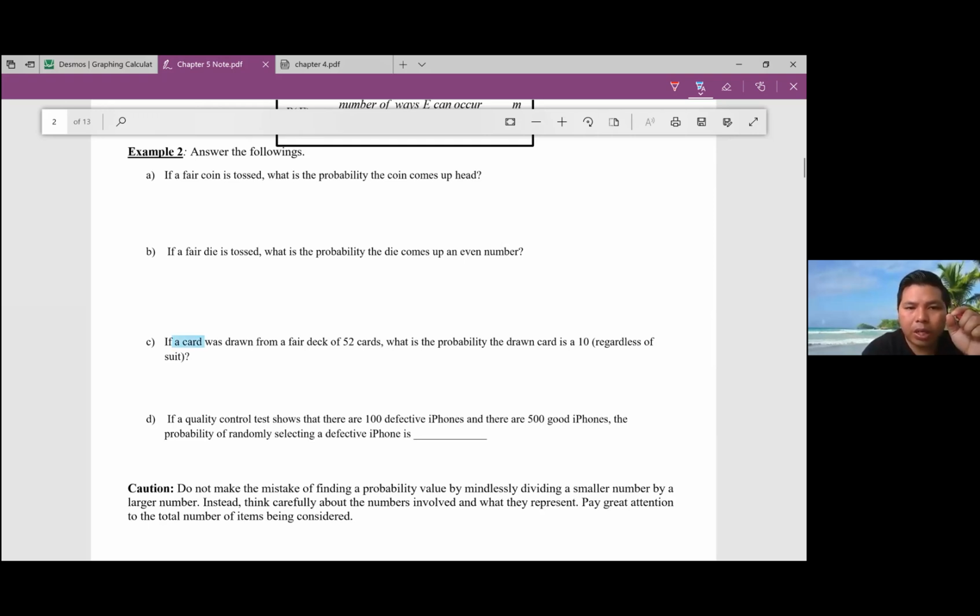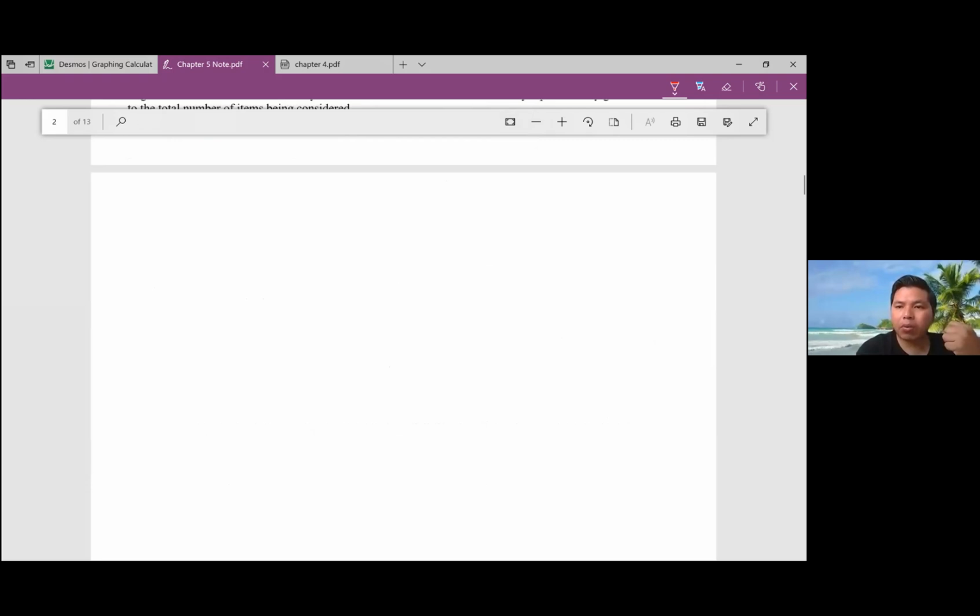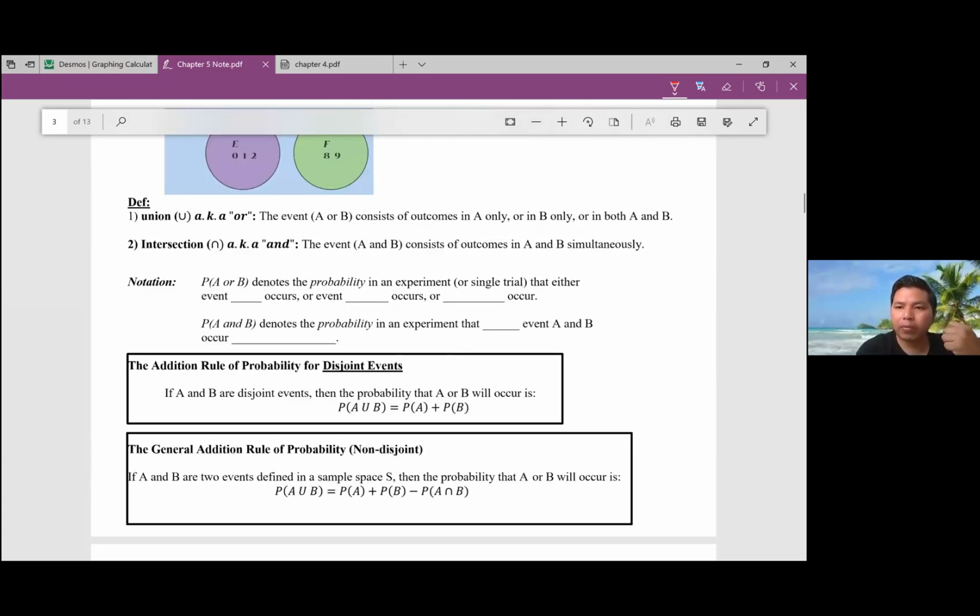We have 1 die, we have one coin tossed. So we only select 1 card. And what is my chance of getting an ace from a deck of 52 cards? My probability will be 4 out of 52, right? Because I only select 1. Does that make sense? Okay. So now if we go back to the chapter 5 example, okay.